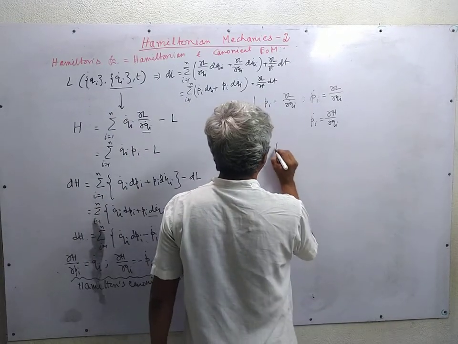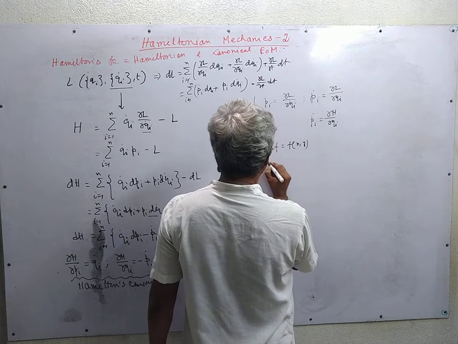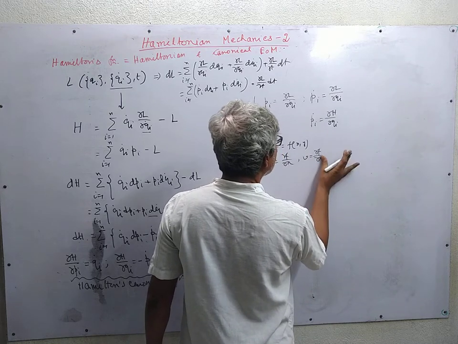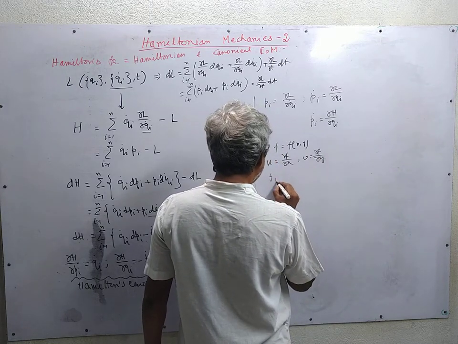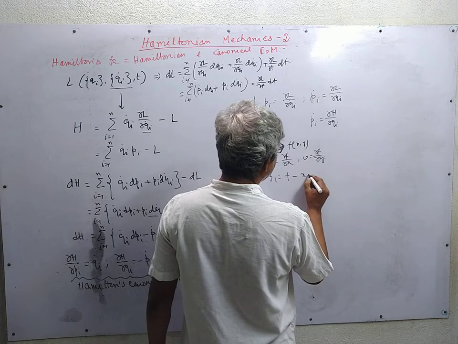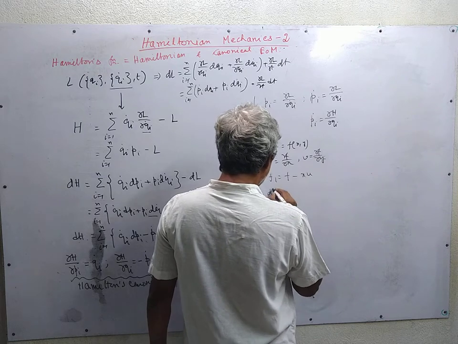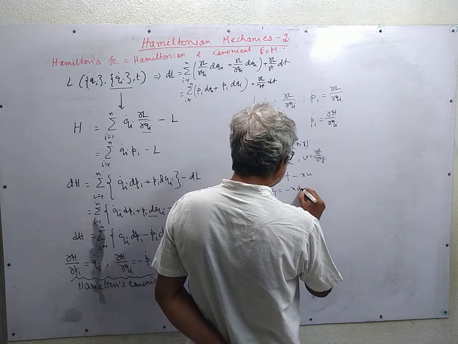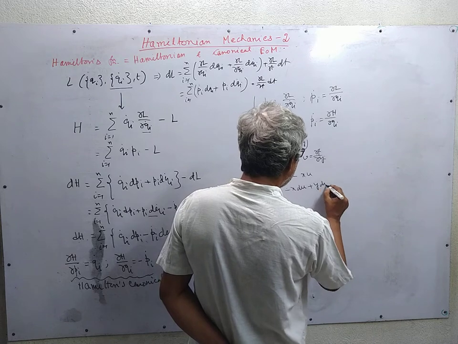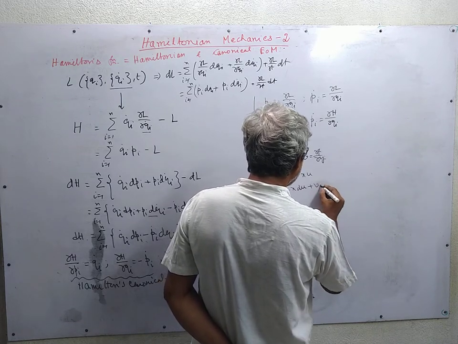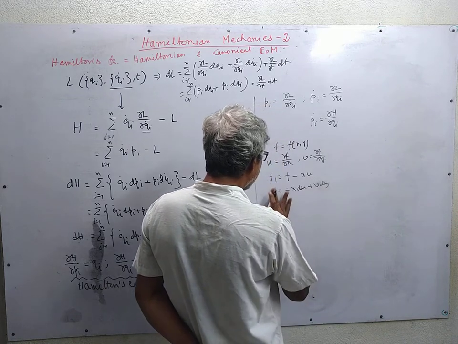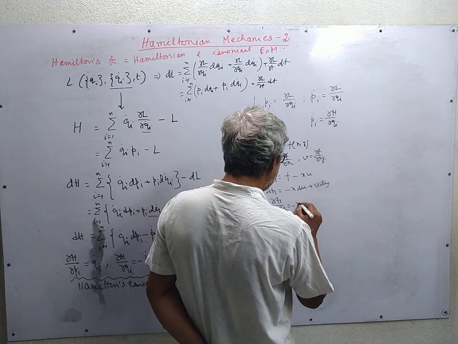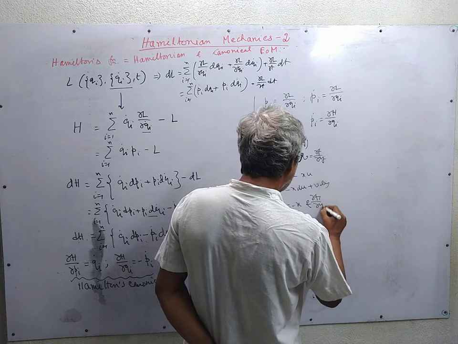Recall that in the case of f(x,y), we have u equal to ∂f/∂x, v equal to ∂f/∂y, and if we define f1 equal to f minus xu, then df1 was minus x du plus v dy, and from here, ∂f1/∂u is equal to minus x, and ∂f1/∂y is equal to v.